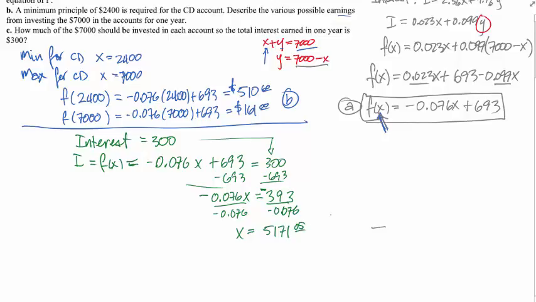So what is this? This is your x value, so we're going to invest $5171.05 in the CD at 2.3%.